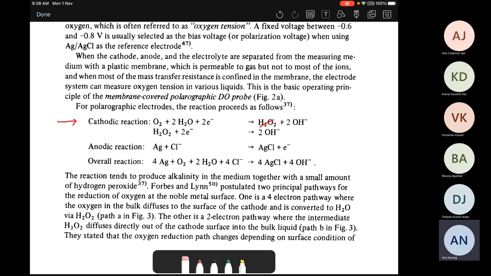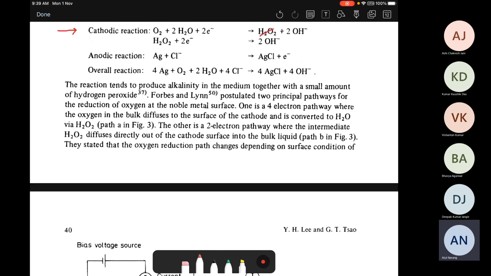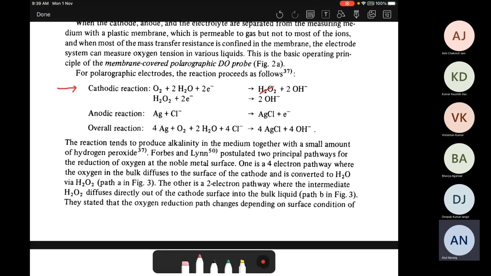And at the anode, there is chloride. There is KCl that is used, so the electrolyte here is KCl, and the dissolved chloride ions, at the anode, donate the electron.